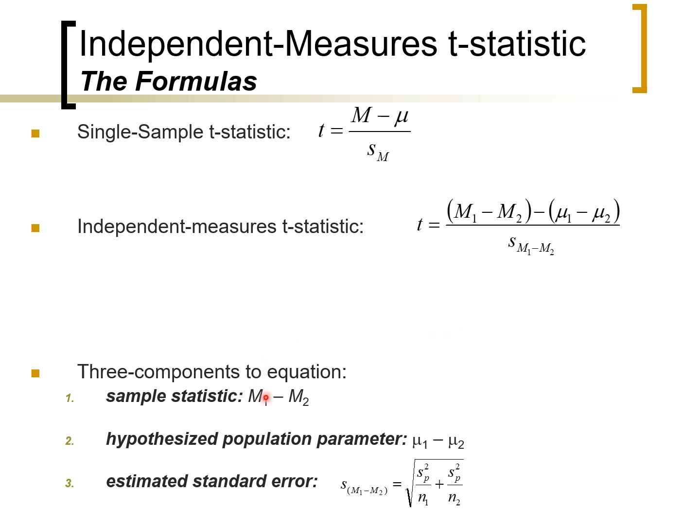So basically we have the three components: our numerator, the mean difference, and then we have our estimated standard error, which is, oh, we're getting complicated here, but it'll make sense when we break it down.